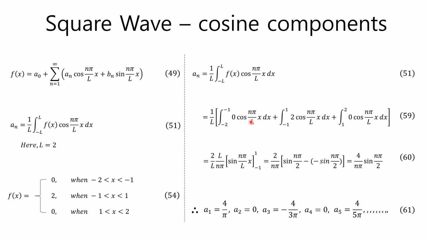The values of the first and third terms of equation 59 are 0, and if you integrate the second term, you can obtain the integral values for an, as shown in equation 60, and these values are the coefficients of the cosine series. By sequentially substituting values such as 1, 2, 3, 4, and 5 for n in equation 60, the an values can be obtained, respectively, as shown in equation 61. Here, we can see that when n is an even number, the coefficient an values are all 0.